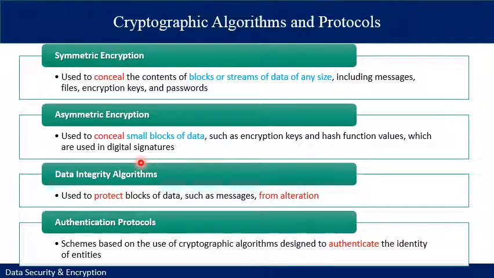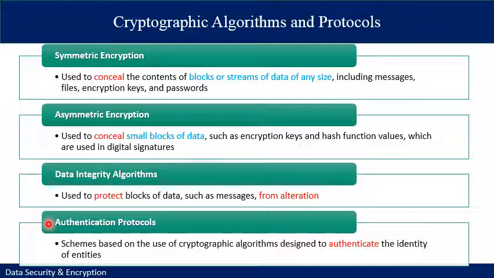And there are some data integrity algorithms which allow you to protect a block of data, such as messages, from alteration. So such algorithms will allow you to secure your application data so that it cannot be altered.